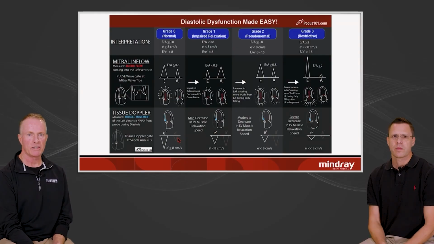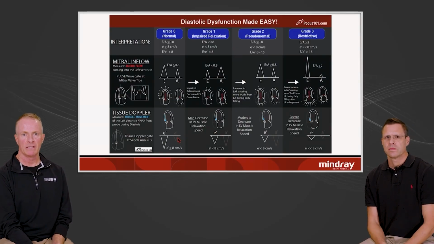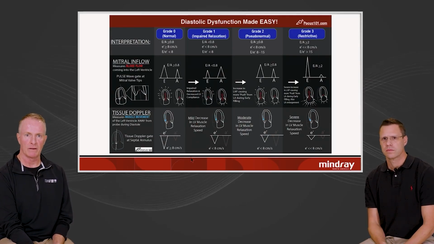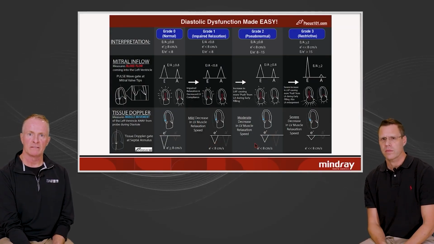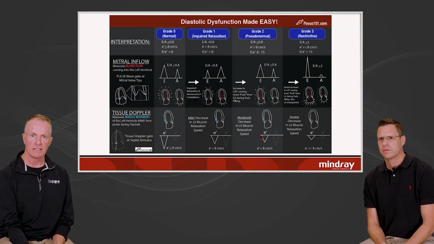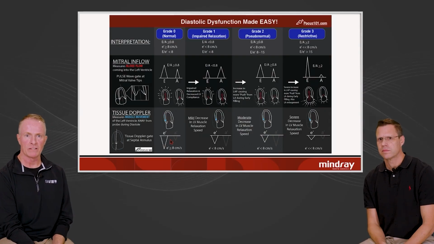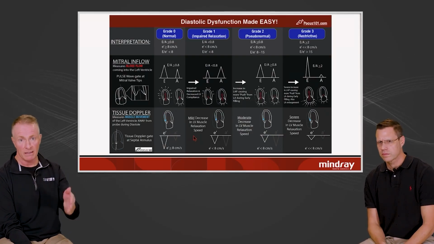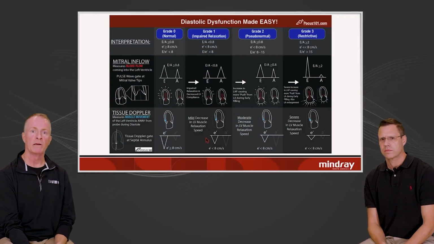So if you measure tissue Doppler, usually the medial mitral annulus is the best place to measure it. That's the lower waveforms here. You're going to see, as you go from normal to greater diastolic dysfunction, that E prime, which is the tissue Doppler movement, is just moving up and down toward the probe.